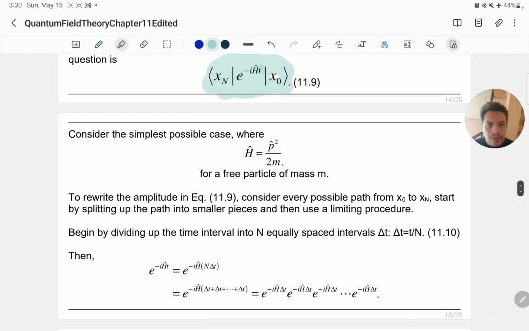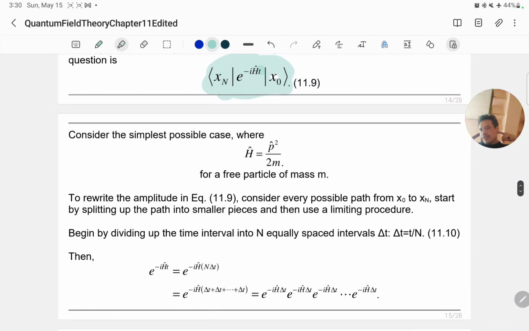So going back to this one, to write the amplitude for this expression, that's the amplitude. So we consider every possible path from x sub o to x sub n.